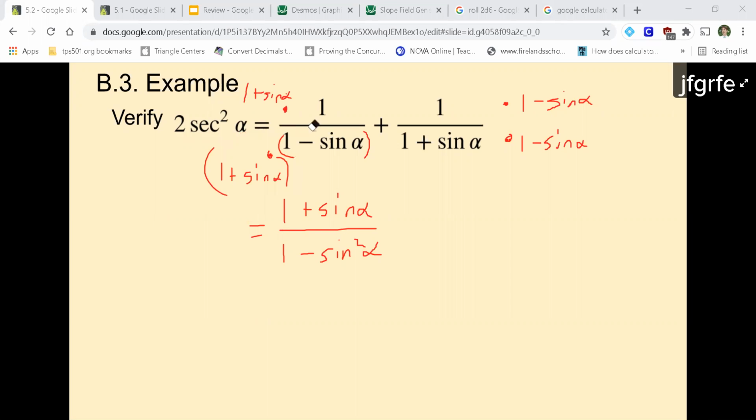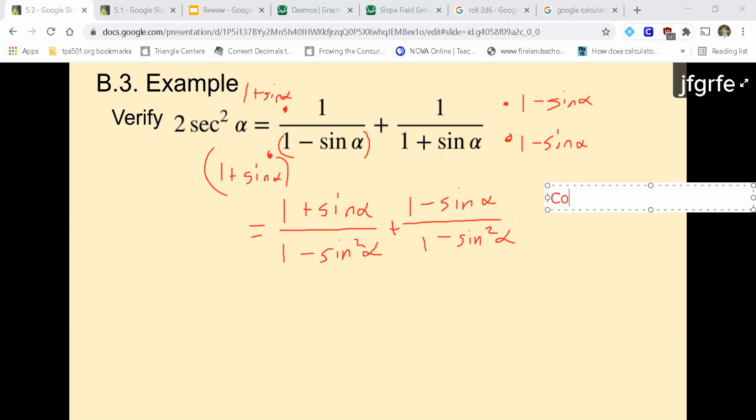All right, on the right side, second term, similar idea. 1 times 1 minus sine is 1 minus sine. And again, it's going to be a common denominator. So the answer will be 1 minus sine squared. Okay.